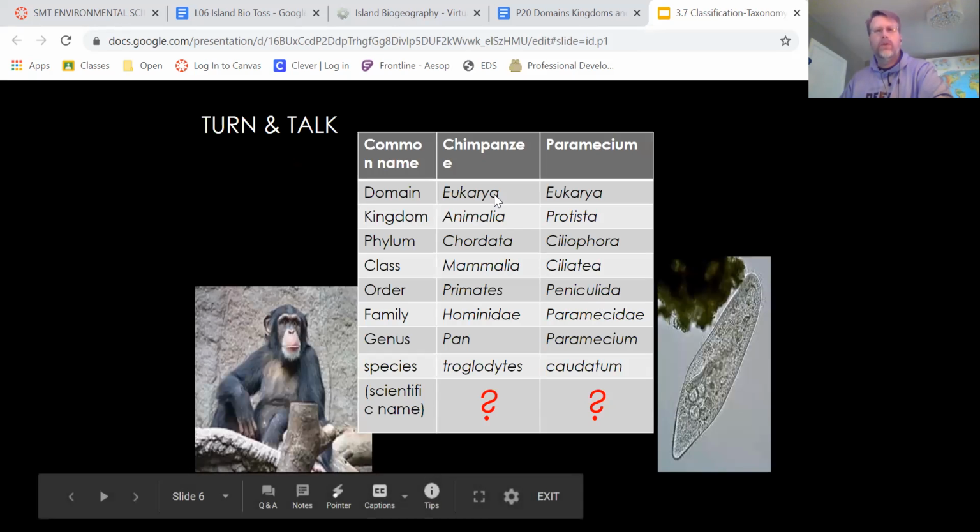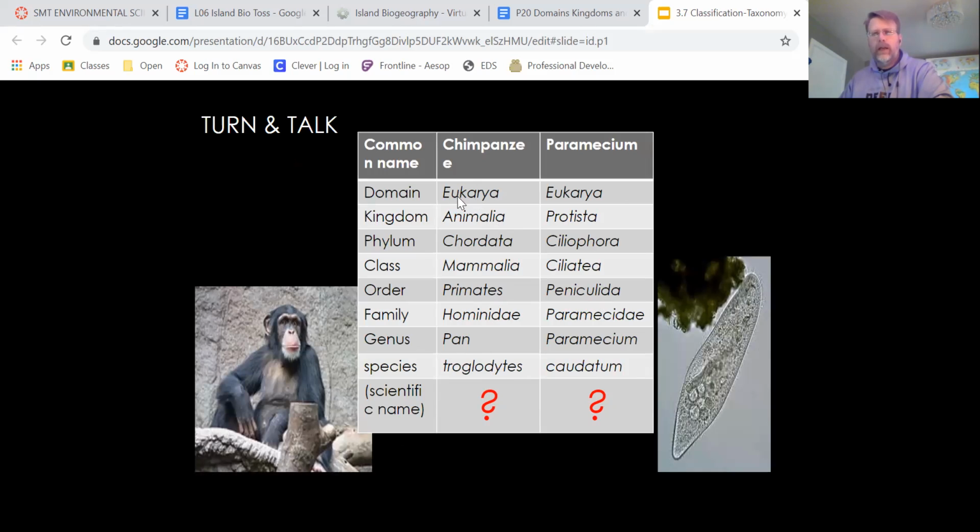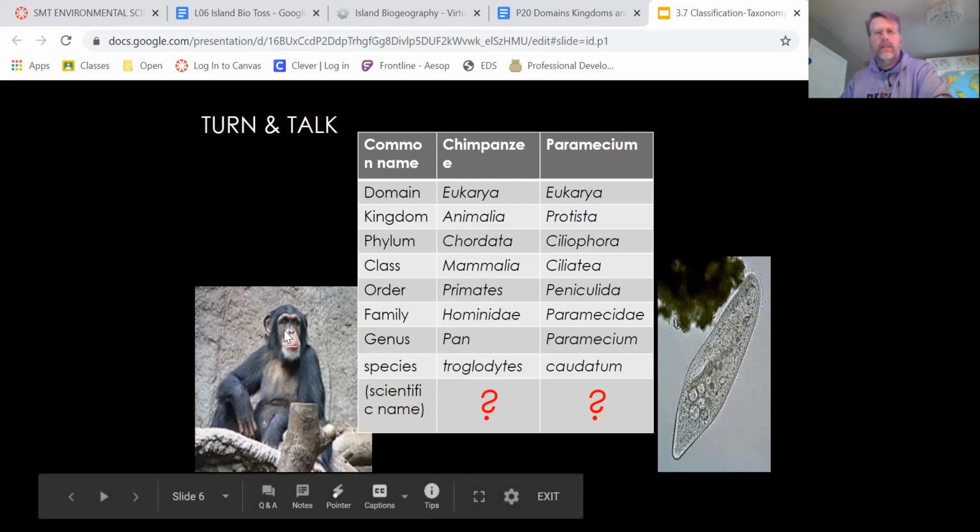Okay, so if we're looking at these things, we see that at the very beginning, the domain is just a very broad characteristic, and then we get down to the animals, mammals, primates, hominids. And then we get down to the individual species. So Pan troglodytes is this animal right here, the chimpanzee.